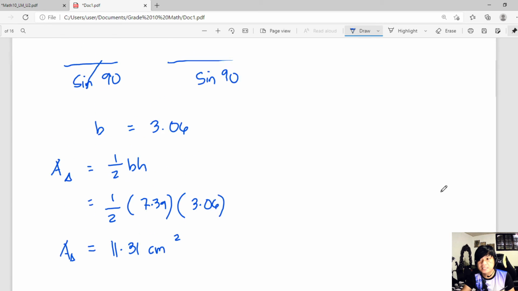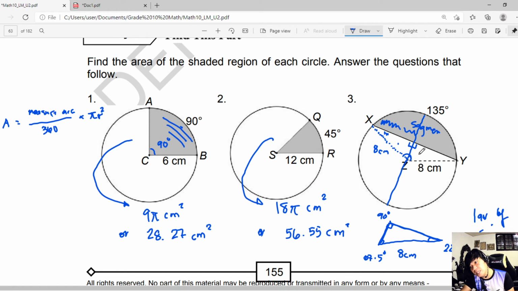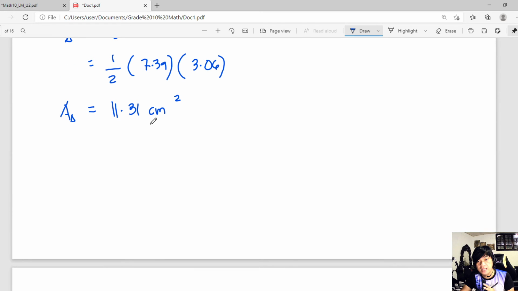But this is just the area of one triangle. Let's go back to our image. This is the area of just one triangle. But we said a while ago that this triangle is also congruent to this triangle on the other side. It's like a mirror. So whatever the measure of this is, we just double it.